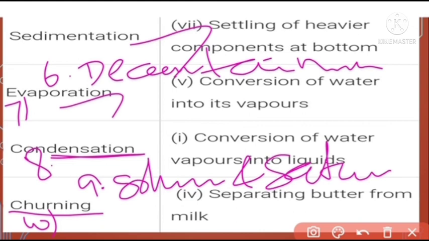So we need more types of separating techniques. We discussed all these methods and how they are used in our daily life. So this is the separation process.